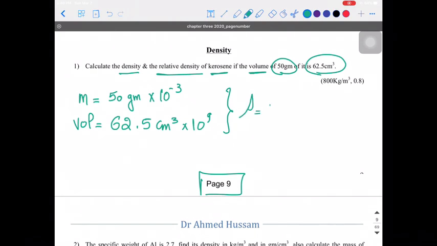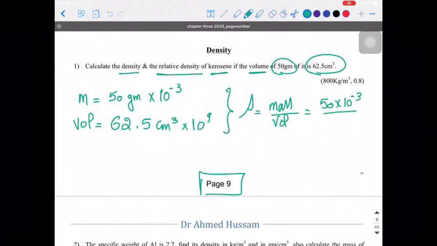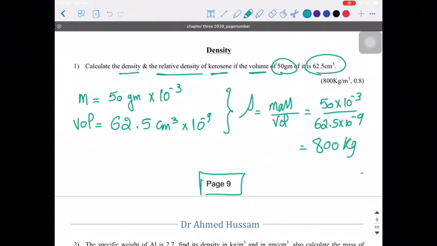Then the density equals mass over volume, which equals 50 times 10 to the power negative 3 over the volume. Keep it as it is, there is no need for more simplification. The calculator will do this for you: 800 kilogram per cubic meter.